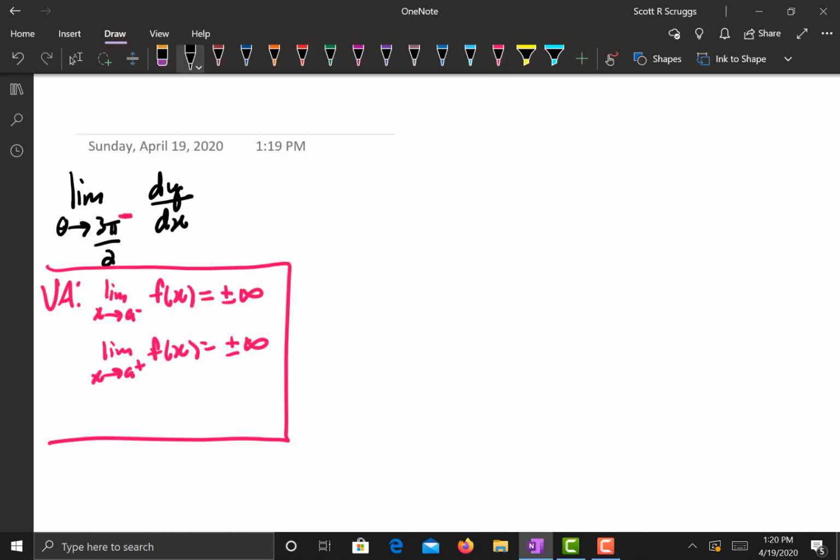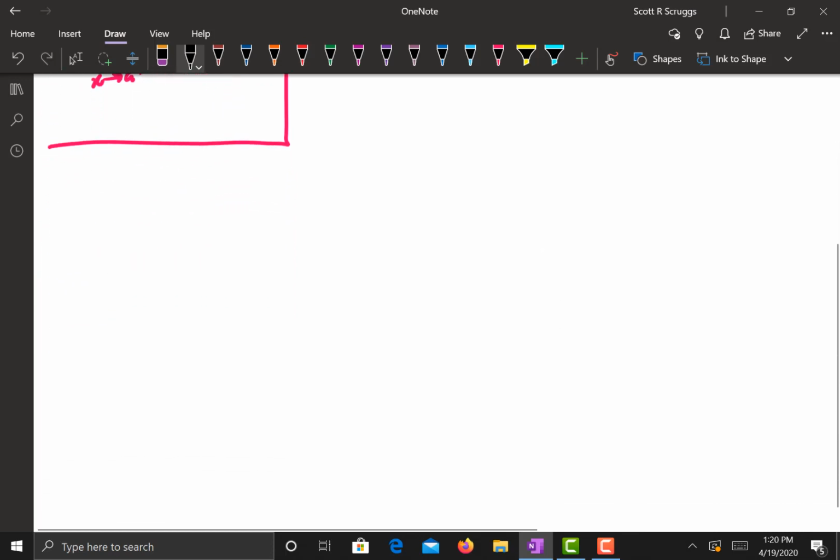And we learned a way to tackle those types of problems. And so I'm leaving it as 3 pi over 2 from the left in order to help me out with that conclusion at the end. You can do it from the right as well, but for this example, I'll do the limit from the left.